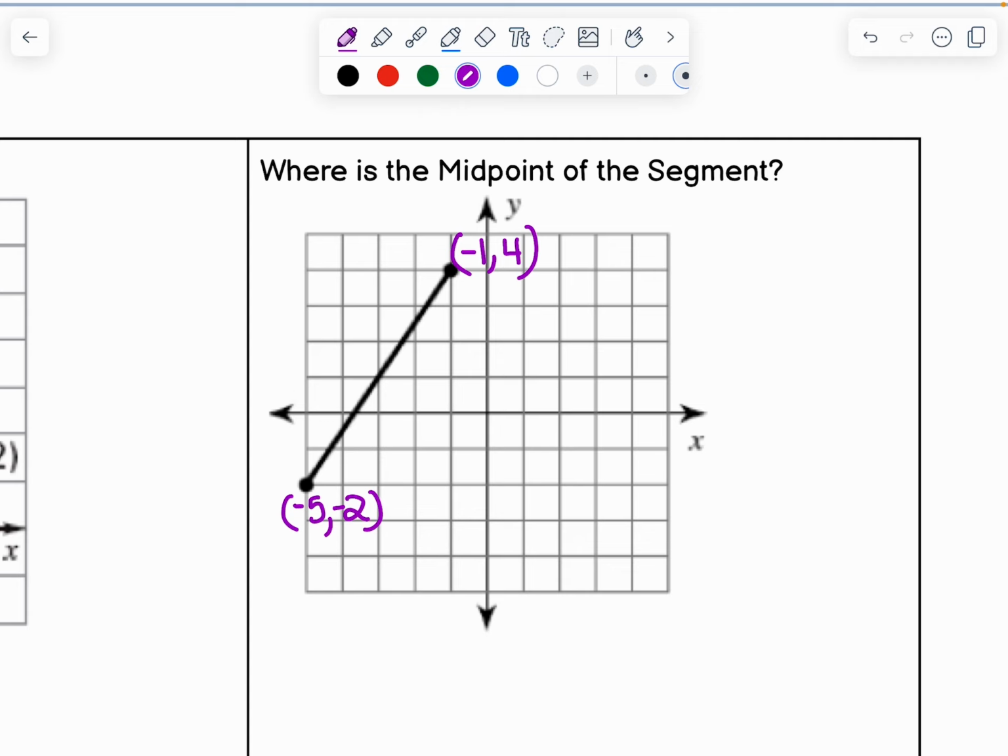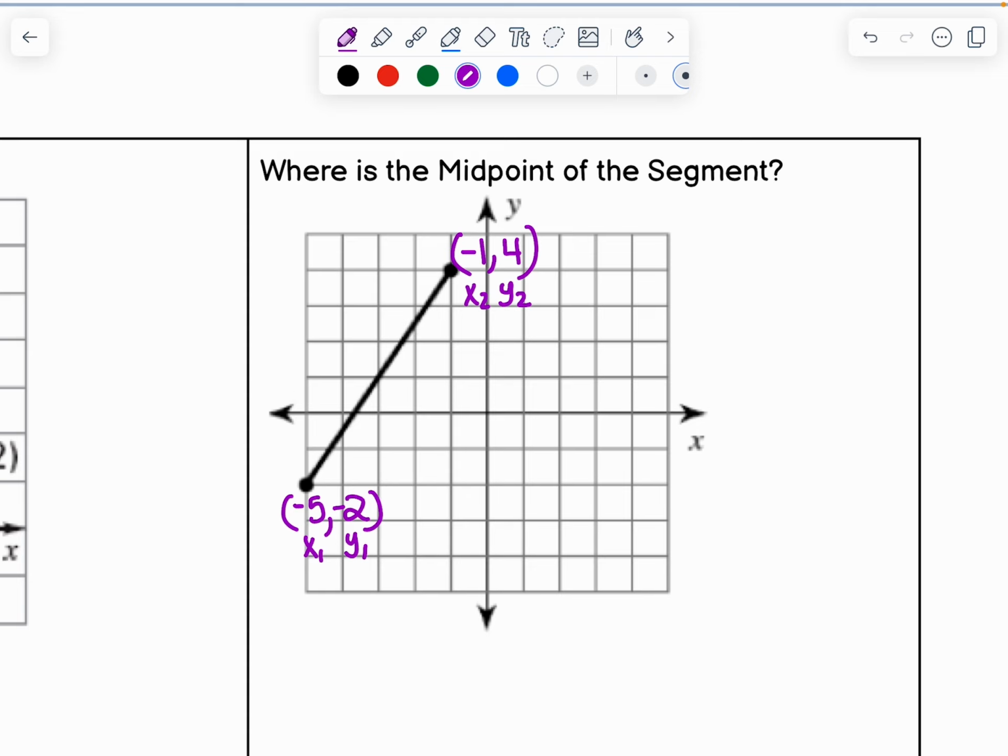Let's go ahead and label our points. And so to label our points, we are going to label one x1, y1, and label the other one x2, y2. So let's let -5, -2 be our x1, y1, and -1, 4 be our x2, y2.